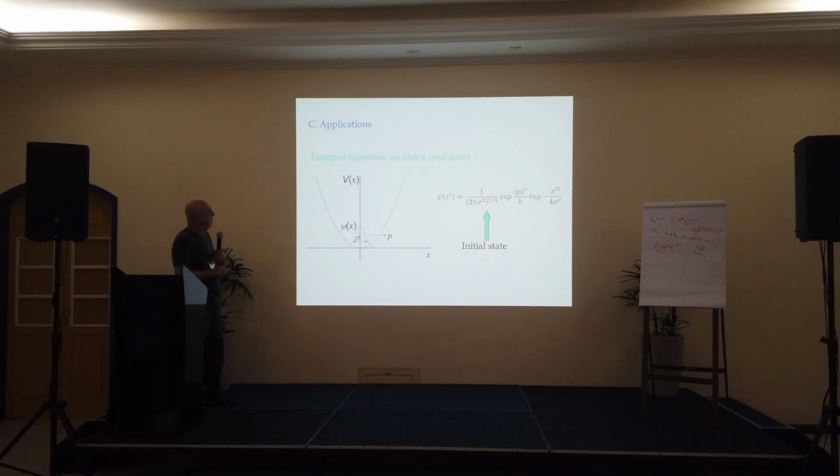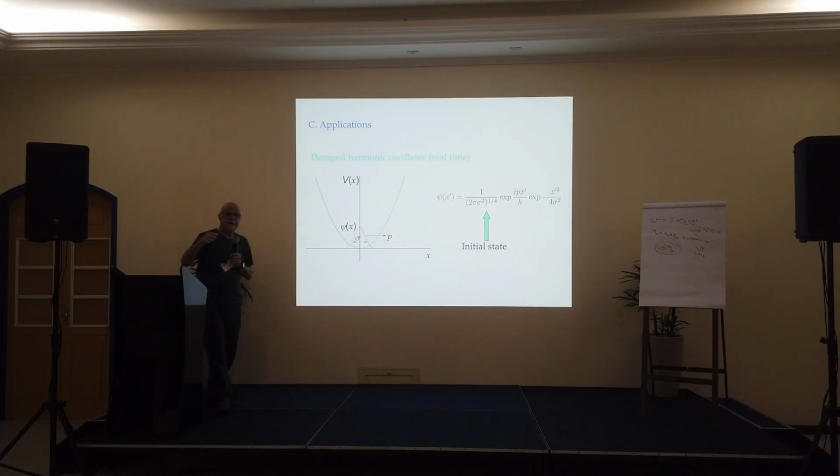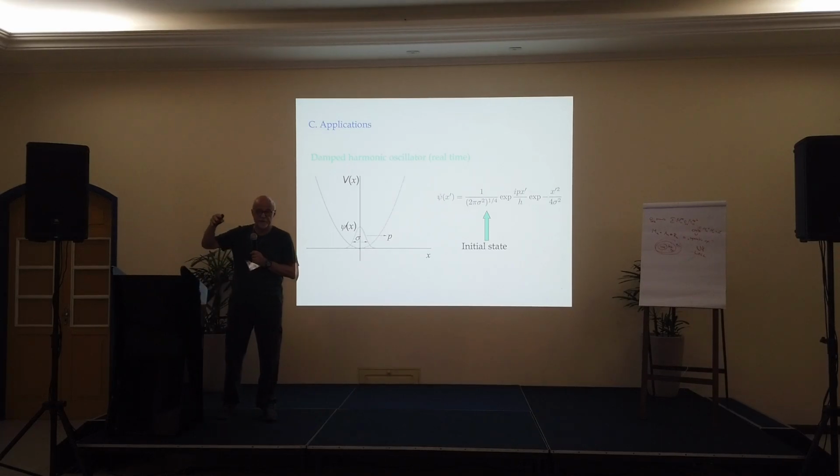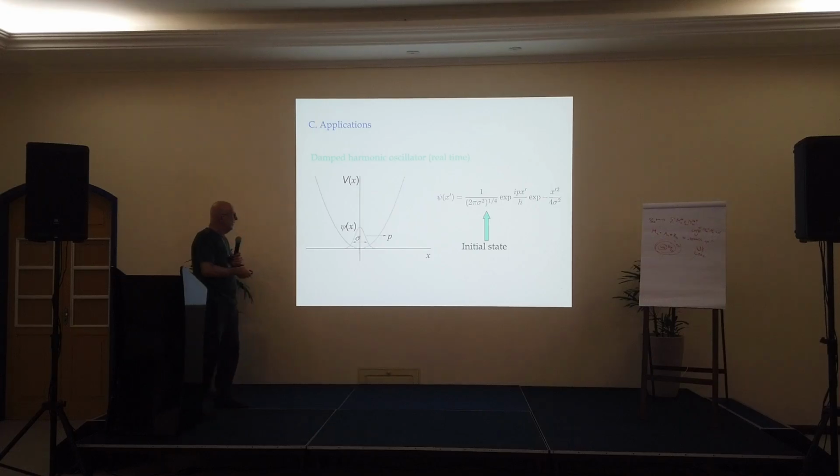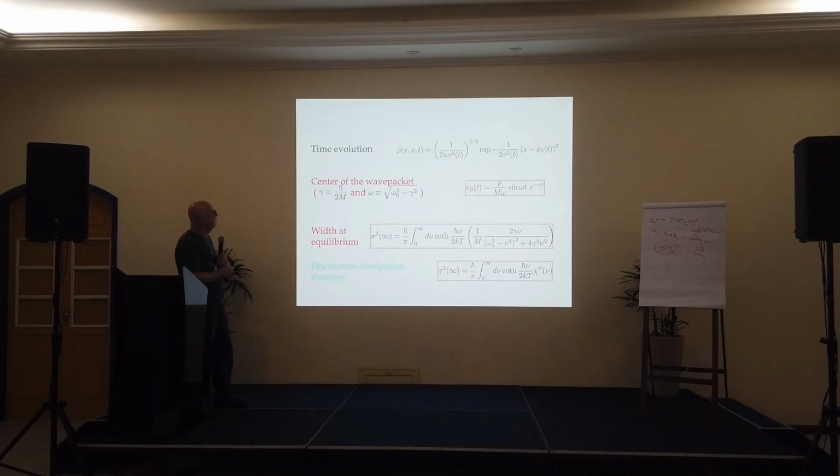What about the damped harmonic oscillator in real time? I start with a Gaussian wave function and I give it a momentum kick with a width sigma, and I plug it there in the double path integral with the influence function, which I know exactly, and I can perform that integration.